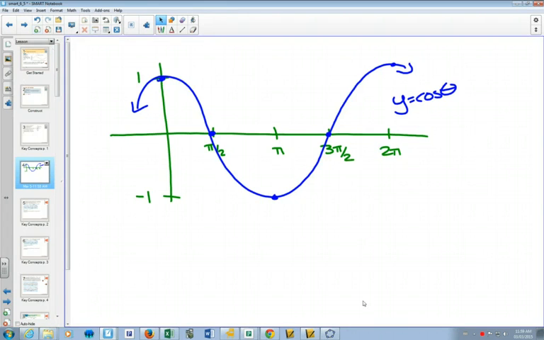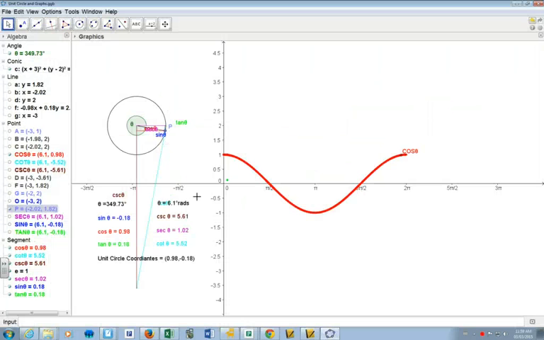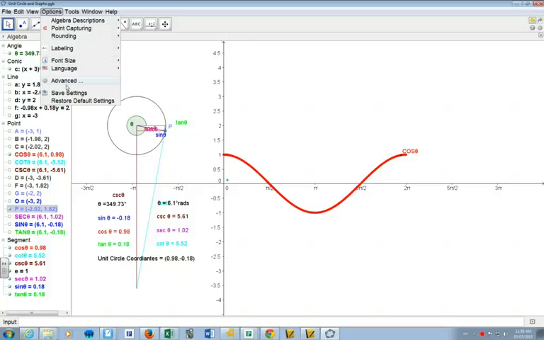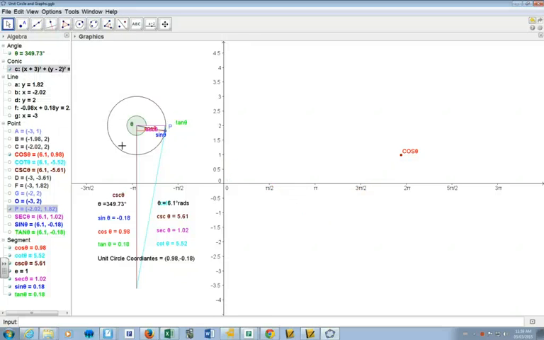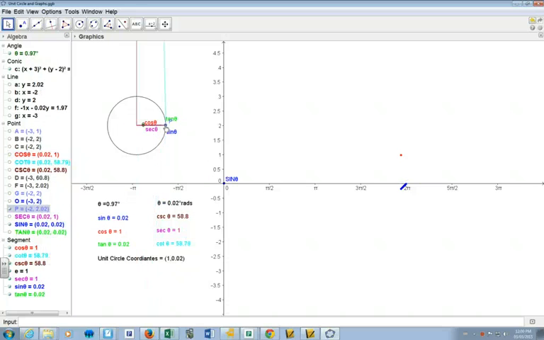Now if we go back to the same thing and add sine, and take off cos, move it back to 0. Does it make sense that since sine is the y-coordinate, right at 0, it's at 0?